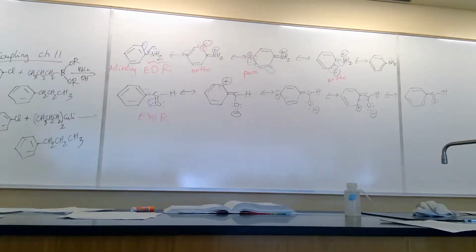So let's summarize this. If we have an electron donating substituent, what is it going to do? By donating its electrons, it's going to increase what? The reactivity, because it increases what? The negativity or the nucleophilicity of the benzene ring.